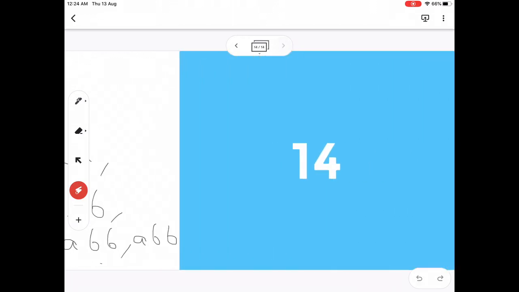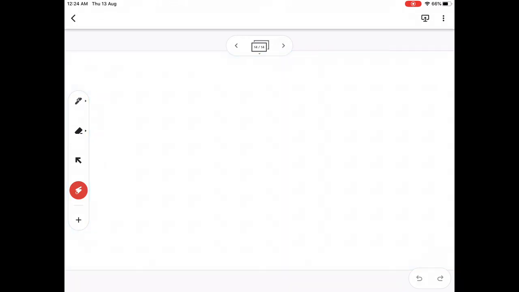We'll see some more examples. If the language given is that words begin and end with A and in between any number of Bs. So it means what?